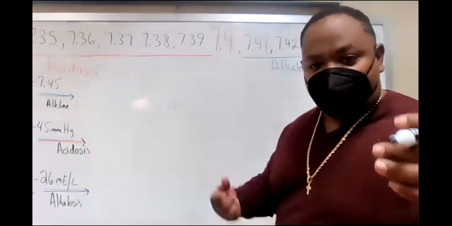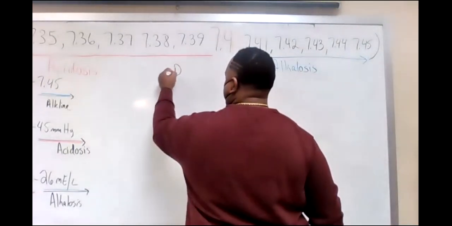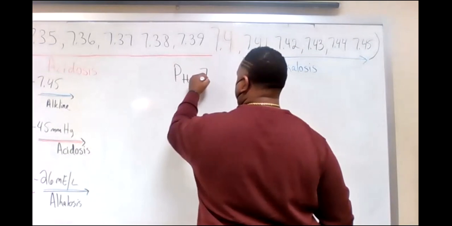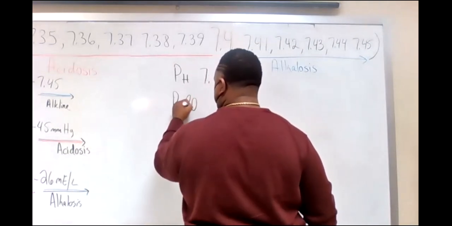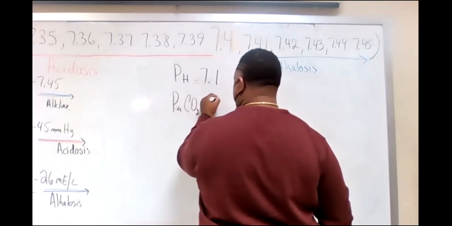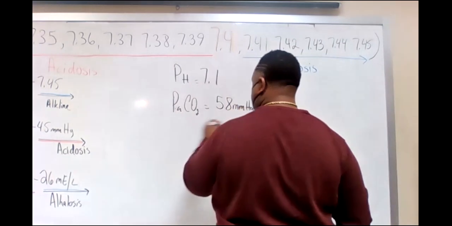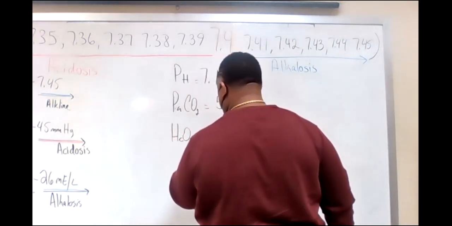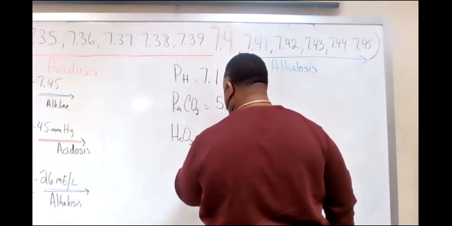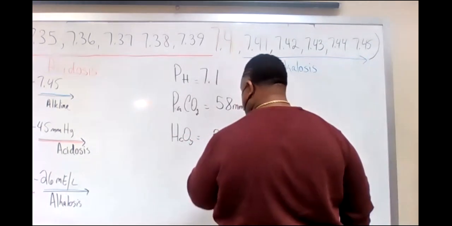You stick somebody and they're going to get these ABG results: pH of 7.1, a PaCO2 of 58 millimeters of mercury, and a bicarb of 24 milliequivalents per liter.